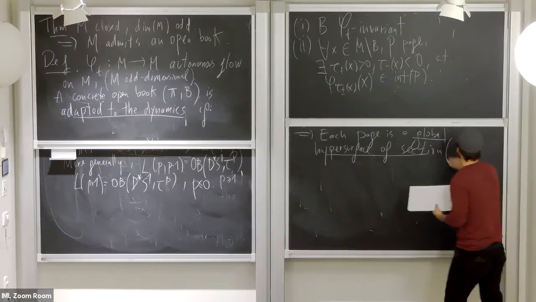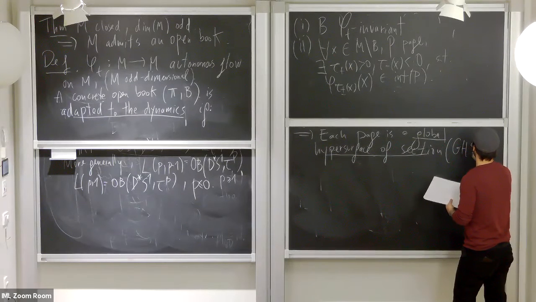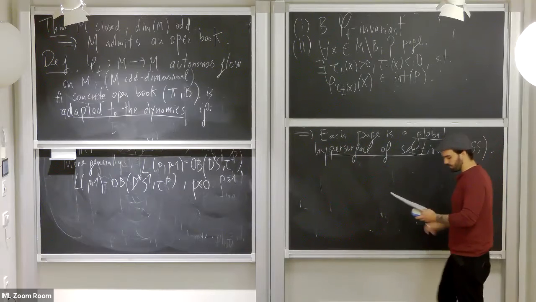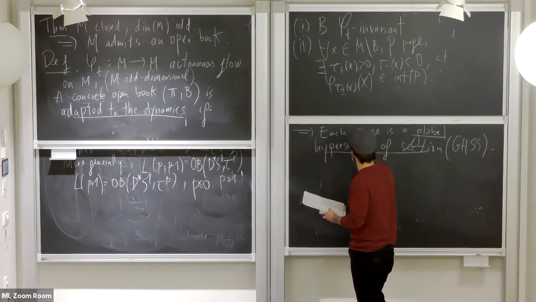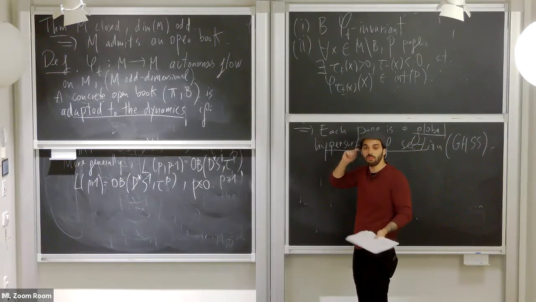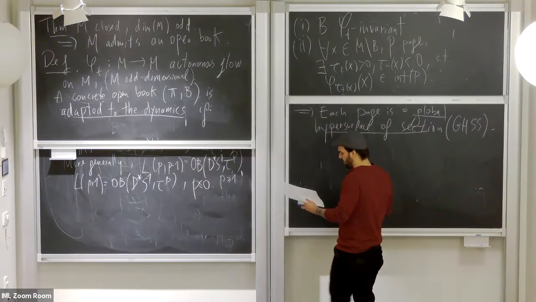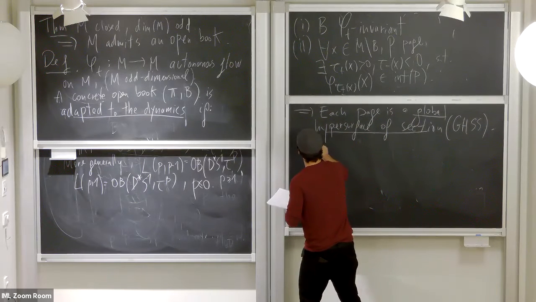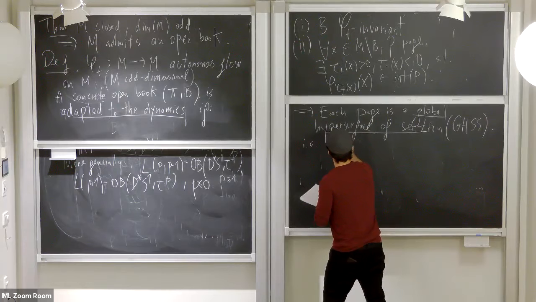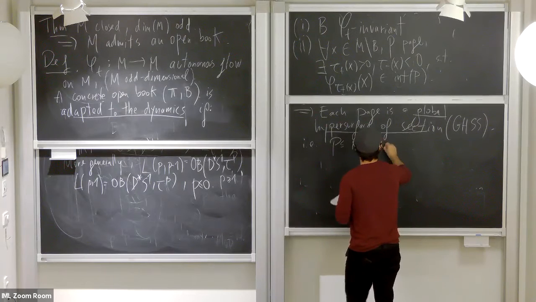The important thing is that the page is codimension 1 in the manifold.